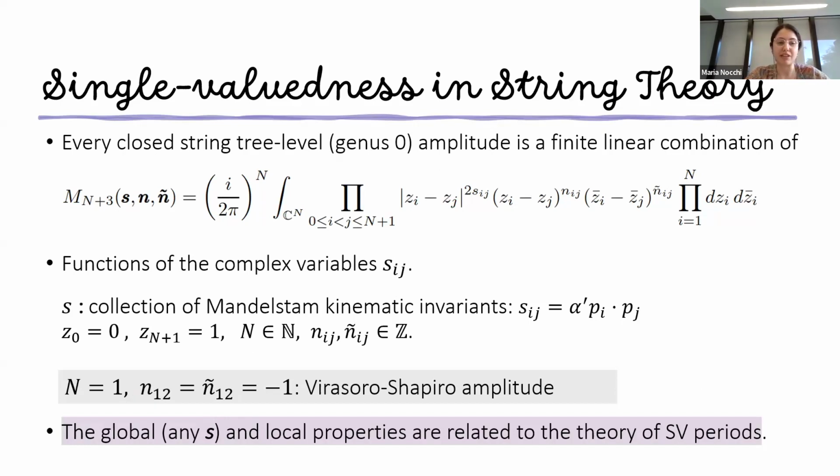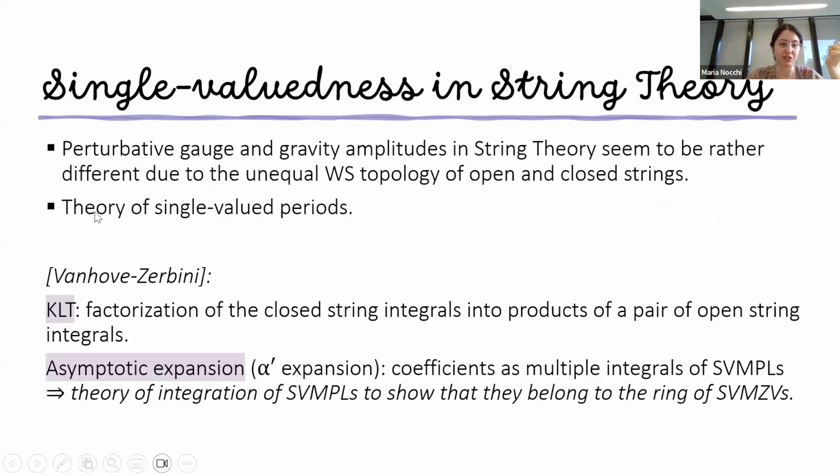And in 2D CFT, there is the holomorphic factorization of conformal blocks. From there, it follows naturally that these kinds of integrals can always be factorized into integrals that now are amplitudes of open strings. This is known as the KLT relation, and that is just a factorization of closed string integrals into a product of a pair of open string integrals.